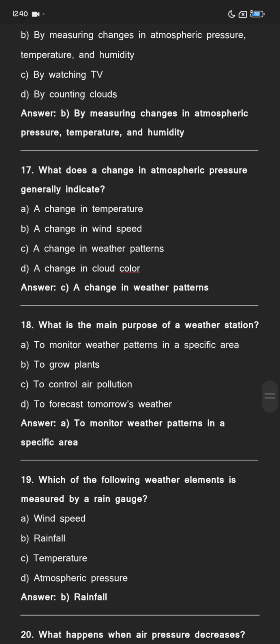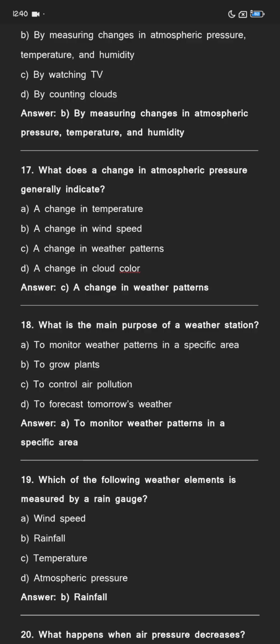What does a change in atmospheric pressure generally indicate? A change in atmosphere, a change in wind speed, a change in weather patterns, a change in cloud color. Answer is a change in weather patterns.